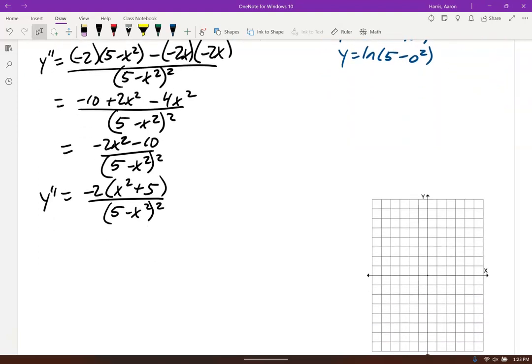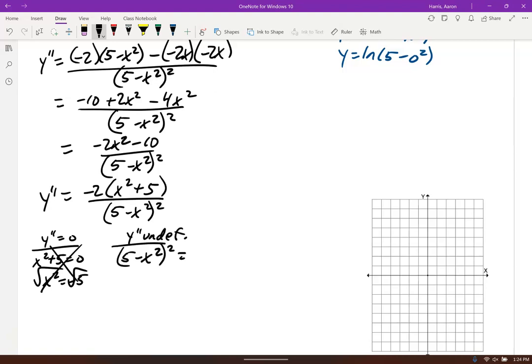And so where are our critical numbers? Well, where's y double prime equals 0? This x squared plus 5 equals 0. Subtract 5. Oh, that's an imaginary number. That's not going to happen. Whereas y double prime undefined, wherever this denominator is 0, add x squared to both sides, square root.